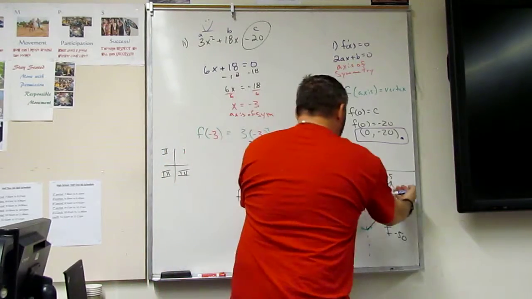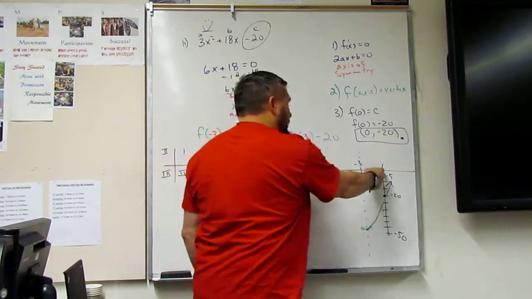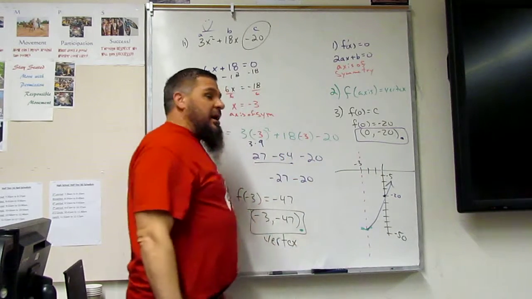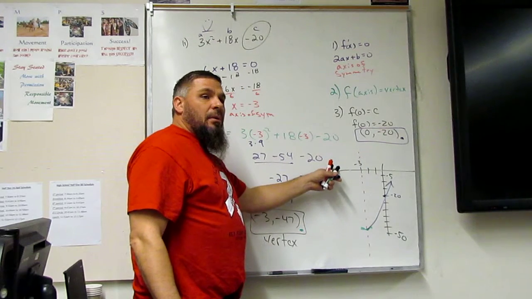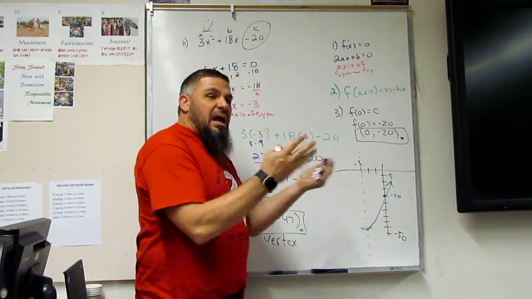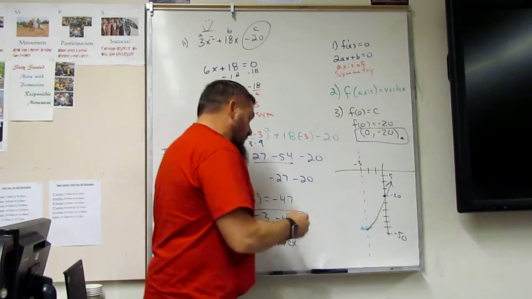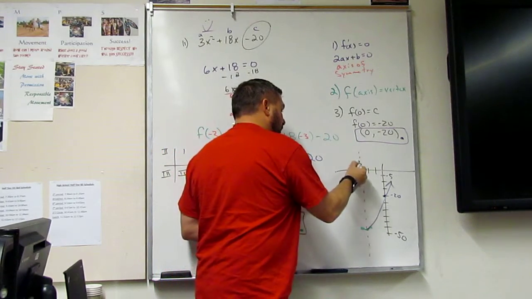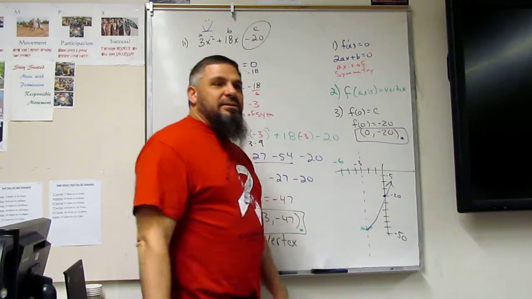Now I should be able to fold this over. So how far over is this point going to be? If they're symmetrical, 3. If I'm 3 this way, then I have to be 3 that way. So I'm going to come out 3. 1, 2, 3. And that's negative 6.